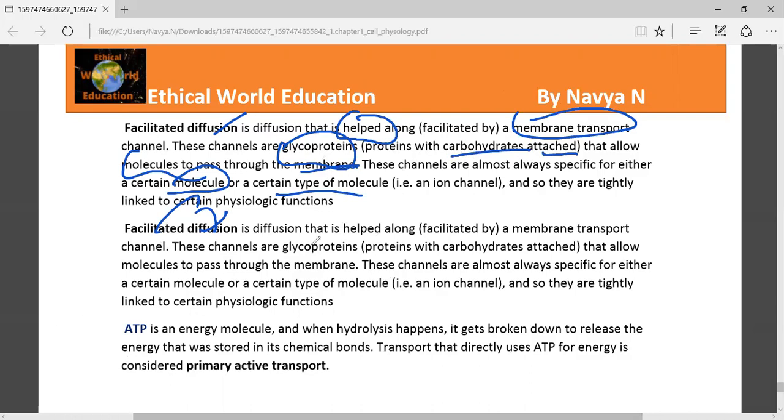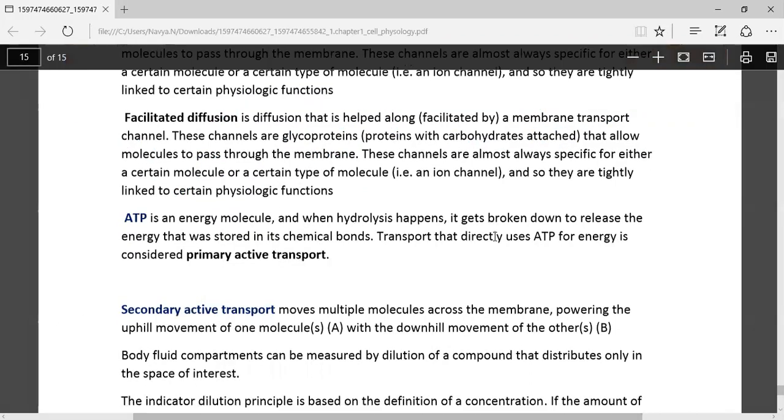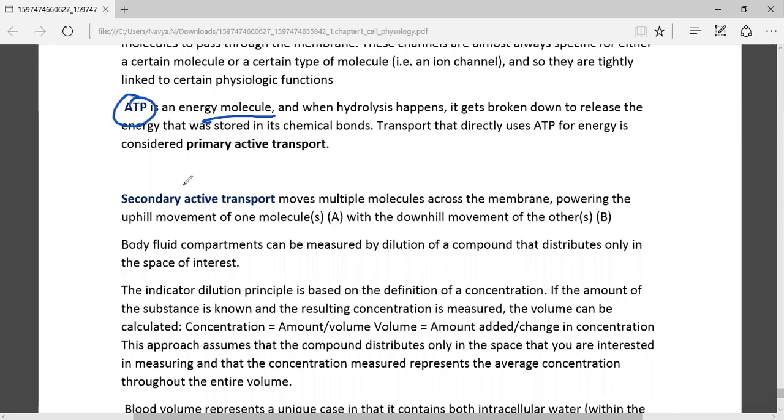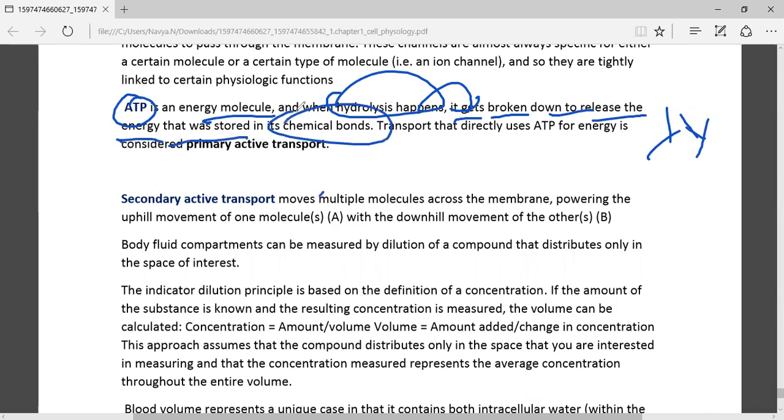And next is ATP. ATP stands for the energy molecule. When hydrolysis happens, it gets broken down and releases the energy that was stored in its chemical bonds.